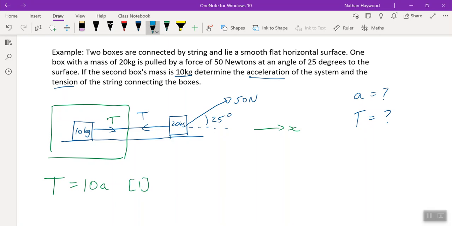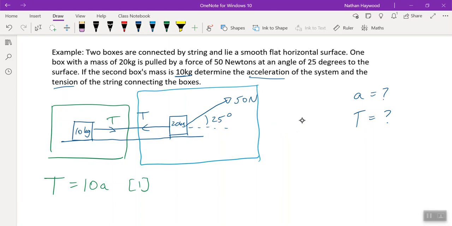All right, now we look at the second mass. Second mass, let's do another equation. Let's again go in the x direction. So if we sum the forces, 50 cos 25 degrees, so that's going that direction.